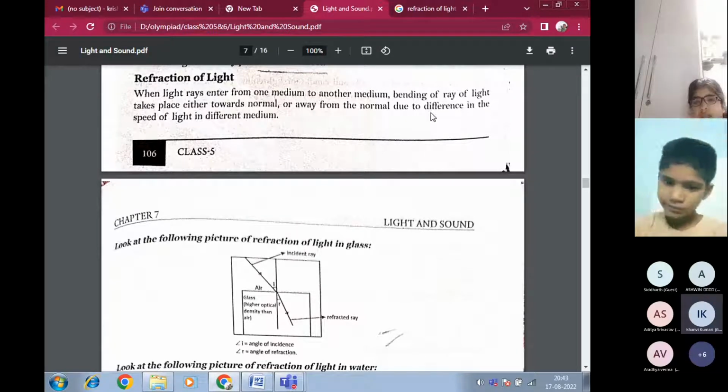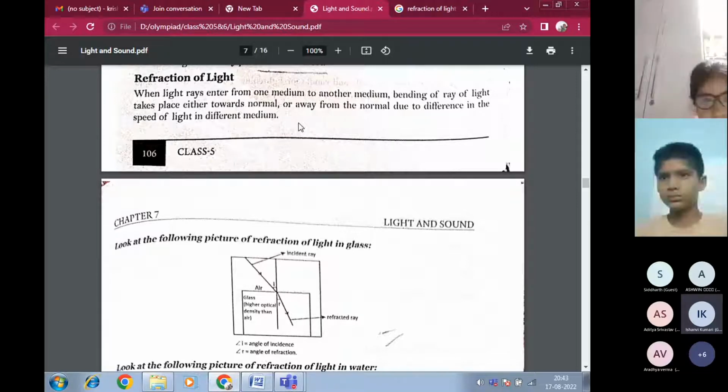The main reason is the difference in the speed of light in different media. In the air medium the speed of light is different, and in the water medium the speed of light is different. This difference gives you the property of refraction.